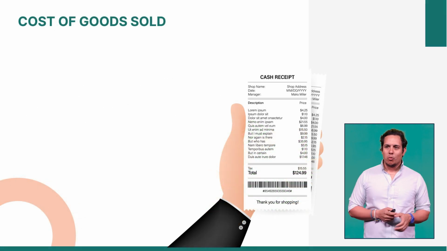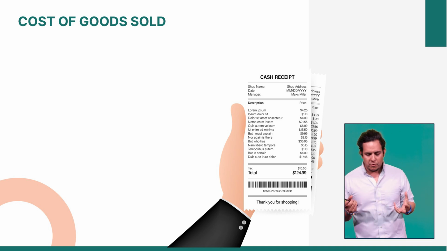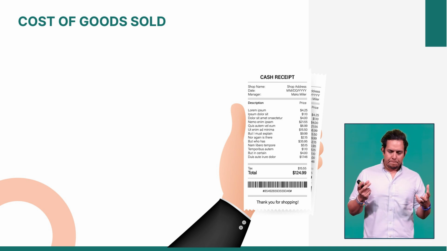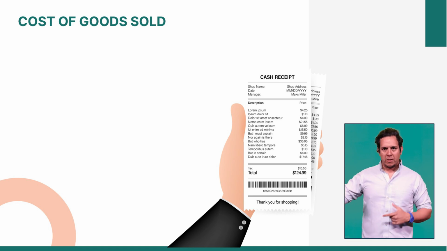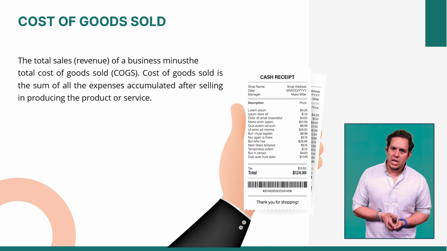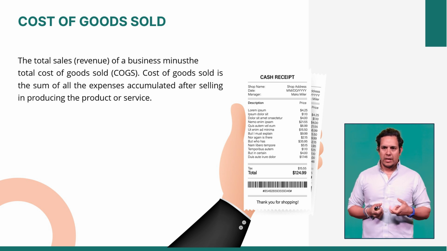We'll have this term called cost of goods sold, and it's a really important one for us to comprehend now and then understand the relationship that it has with the business overall. We have the definition here: the total sales of a business minus the total cost of goods sold.